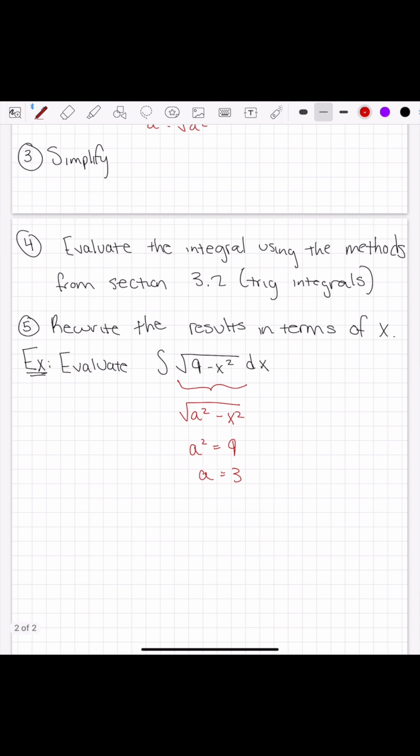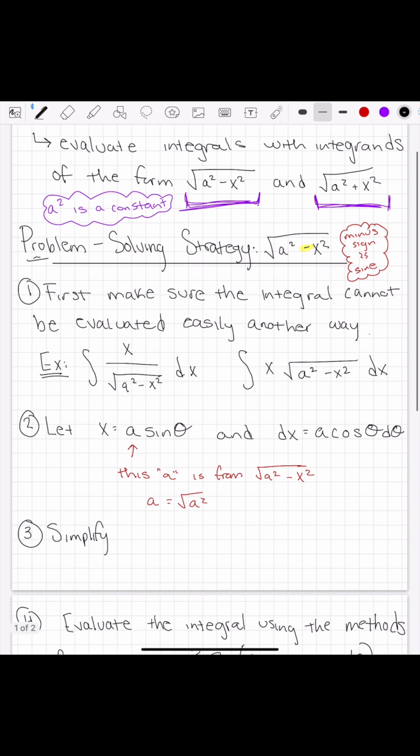And right, notice we have a minus sign, so that tells us to substitute x equals a sine theta, which, right, in this case we said a is 3, so that's 3 sine theta, and then dx is just 3 cosine theta d theta, right, the derivative of x. And so then, right, if we look at our steps, what did we do?